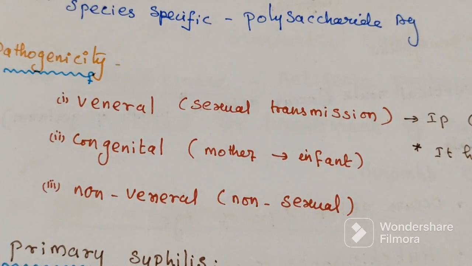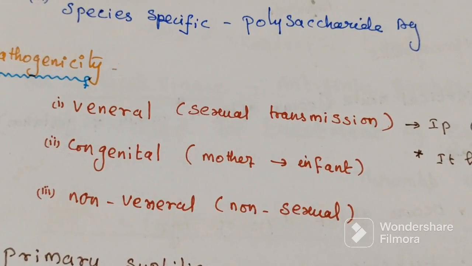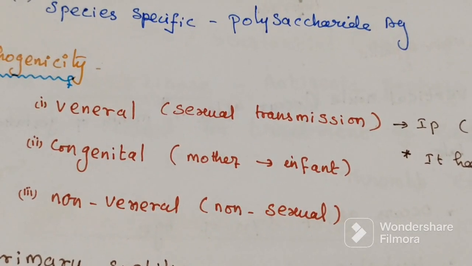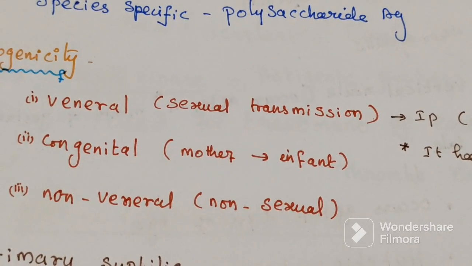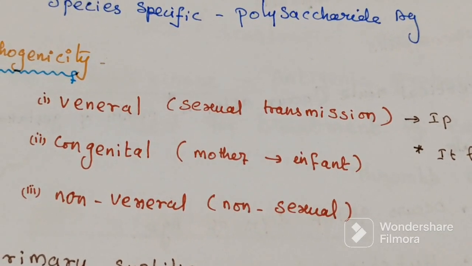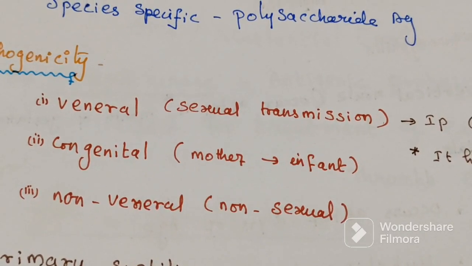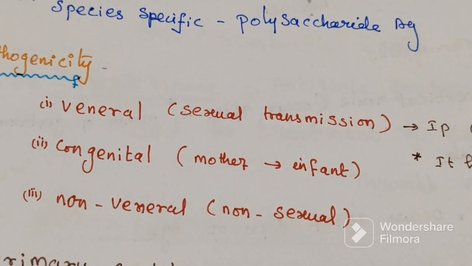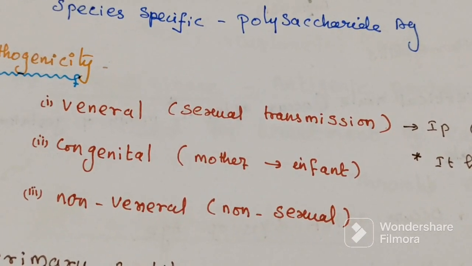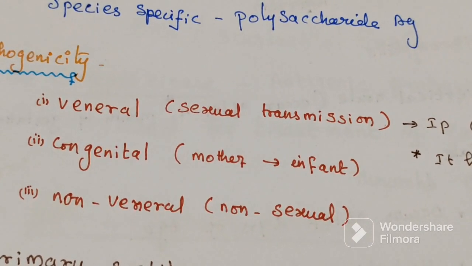So it has 3 main routes of transmission: sexual route, venereal; from infected mother to infant, congenital; and non-sexual. Syphilis in adults occurs mainly by the sexual route, and congenital through the infected mother to the fetus.